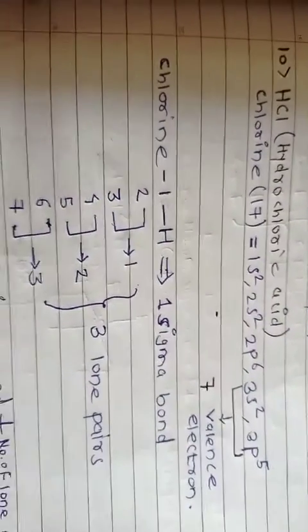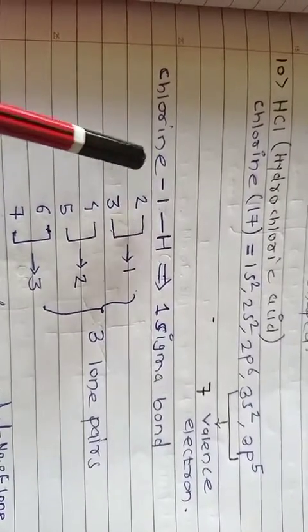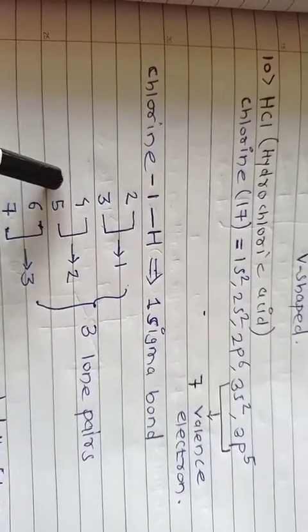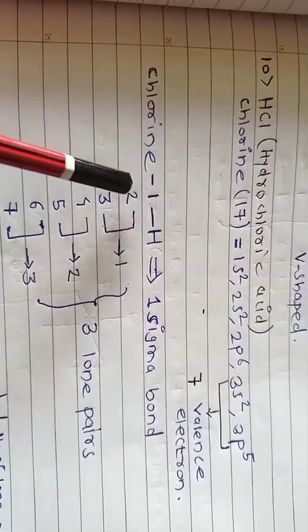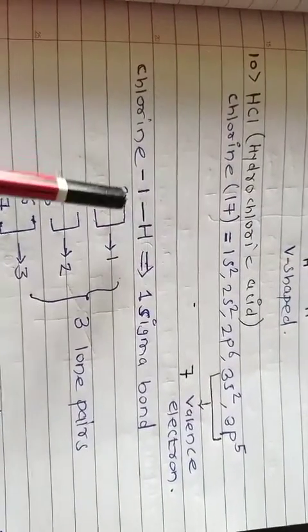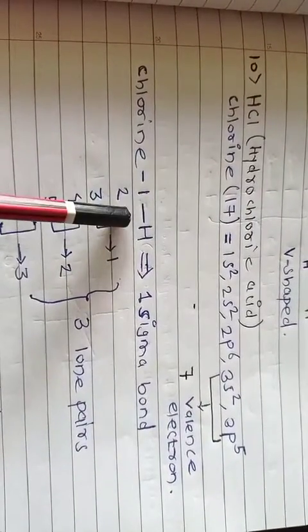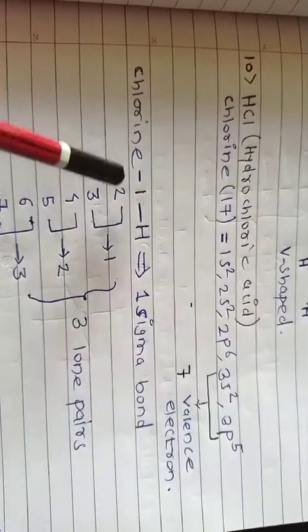So right now we know chlorine has 7 valence electrons: 1, 2, 3, 4, 5, 6, 7. Now in HCl there is only one hydrogen atom. So one hydrogen combines with 1 valence electron to form 1 sigma bond.